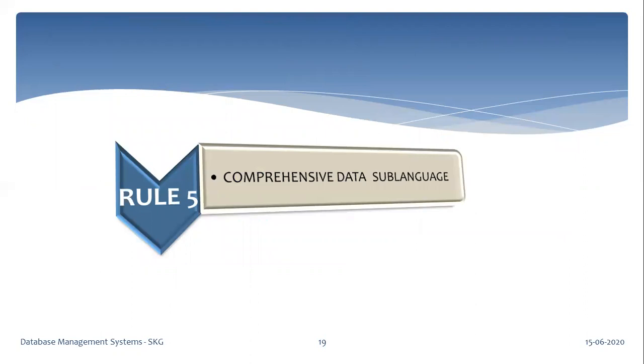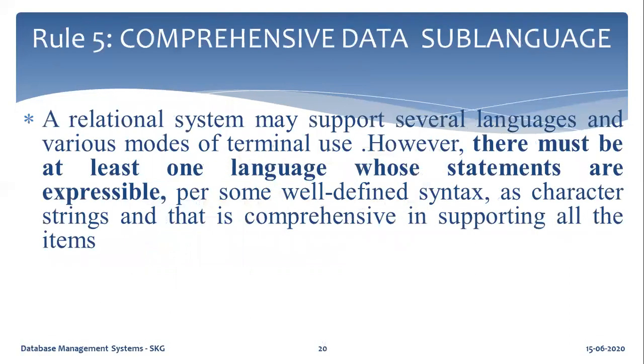Comprehensive data sublanguage. Now here, the relational system may support several languages, but there should be one language. There must be at least one language whose statements are expressible, per some well-defined syntax, as a character string, and it is comprehensive in supporting all the items. So here we are using the SQL language.